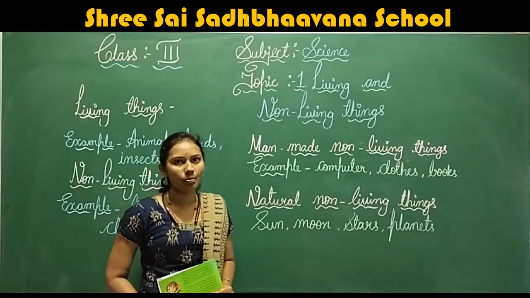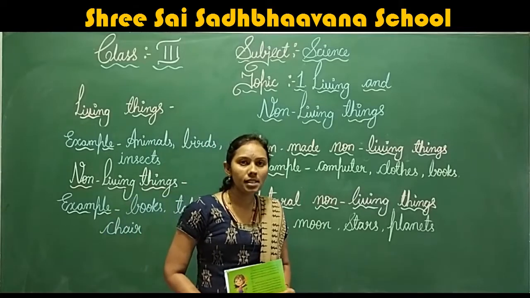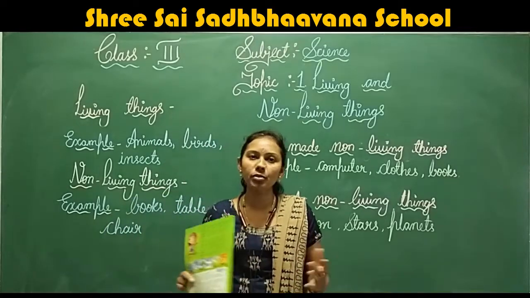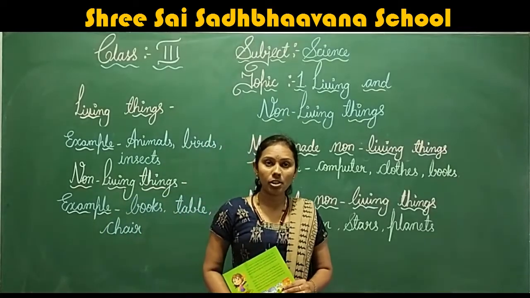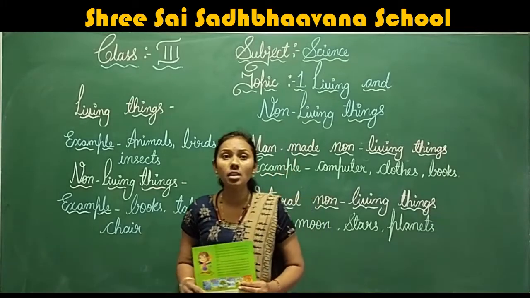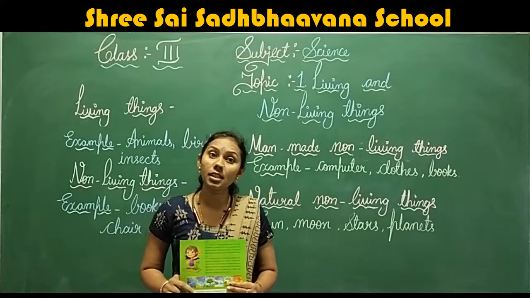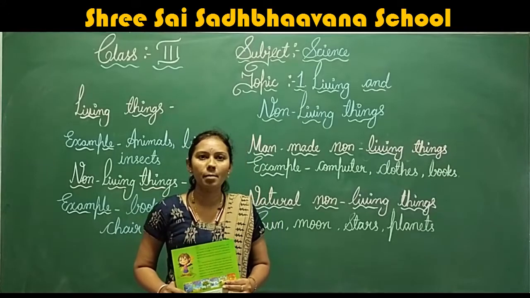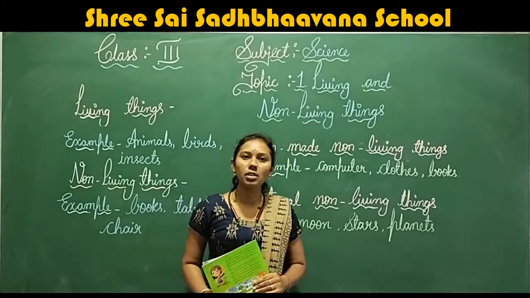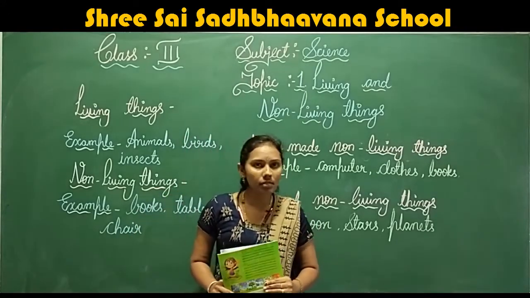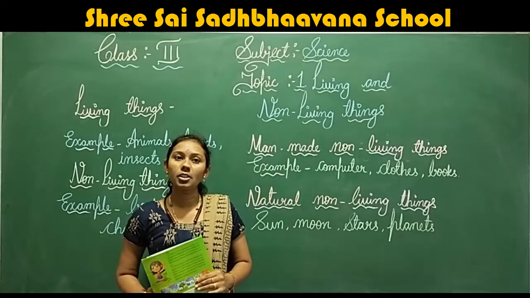Let us discuss now. Children, we see a wide variety of things around us. So many things we can see in our nature. For example, what all can you see around us? Yes, trees we can see, right?